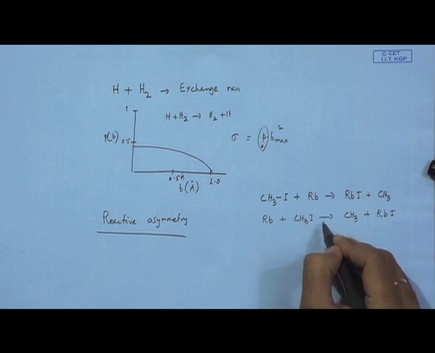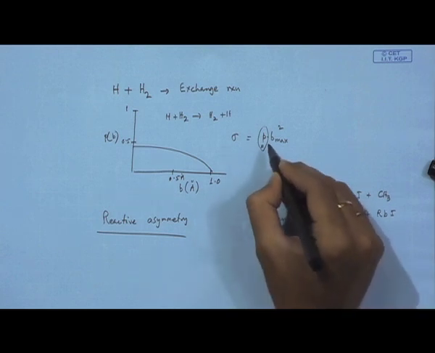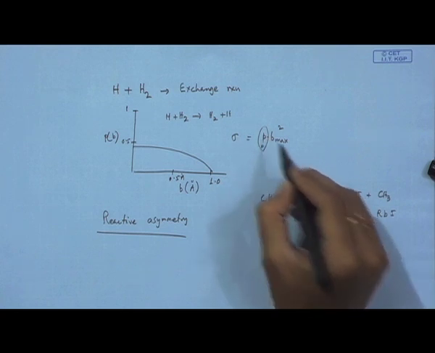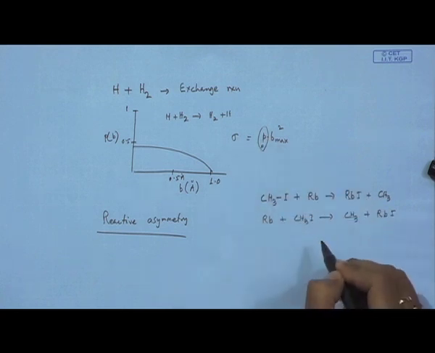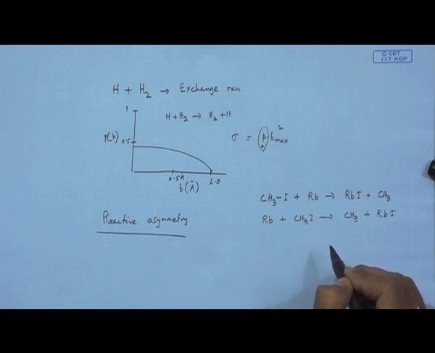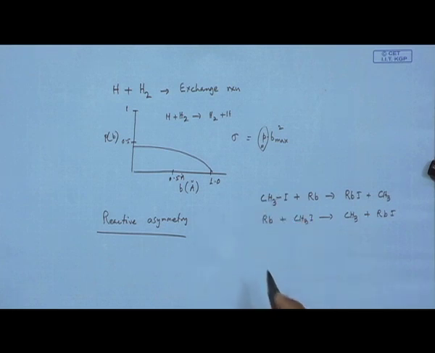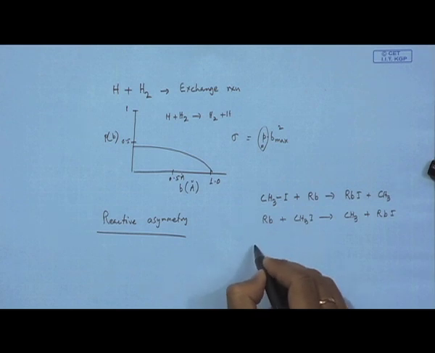Okay. Now, as I told you, additional efforts have to be made to find out P, and that can be done using oriented reactant molecules, because it is a polar molecule. If you use an electric field in the appropriate direction, then these molecules can be properly oriented.